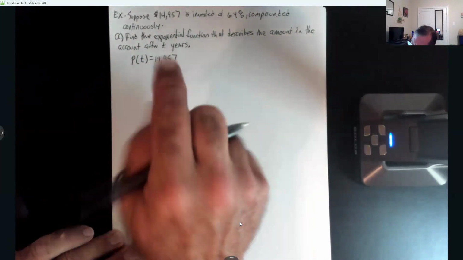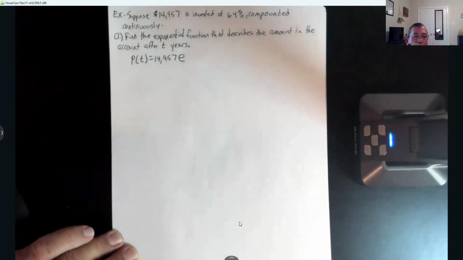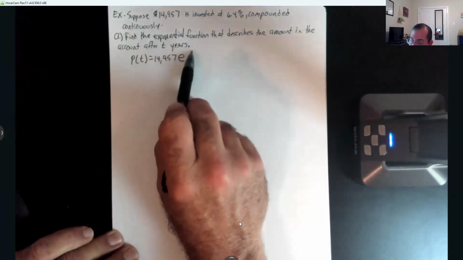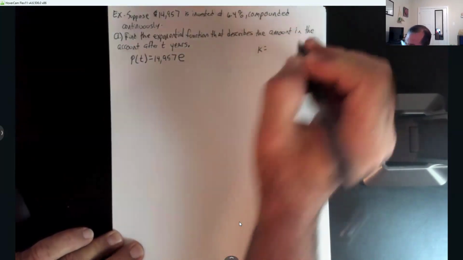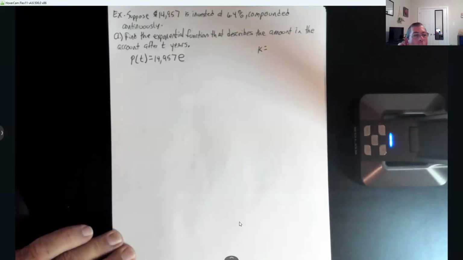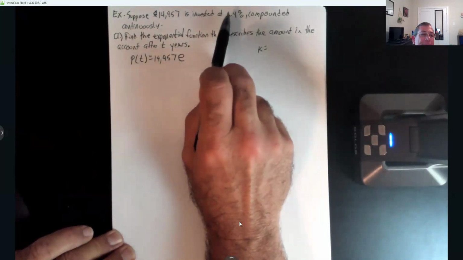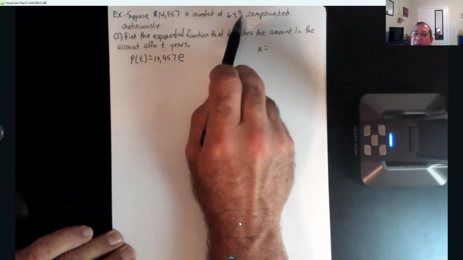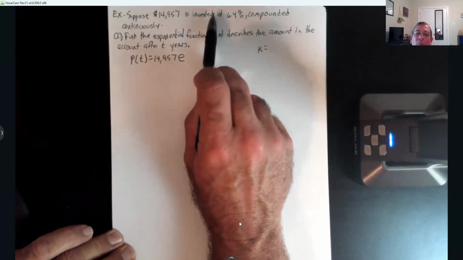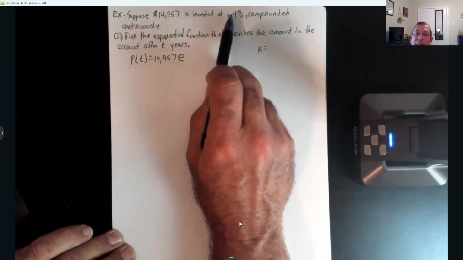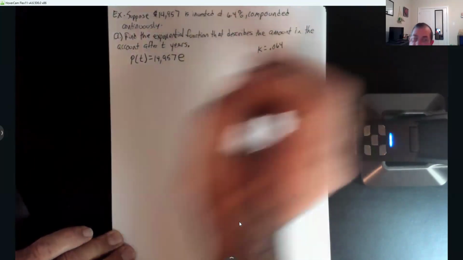Now, the difference is instead of starting parentheses, we now have our e. And then we need kt. So what I need to know is, what is my k? What is my interest rate? They gave that to us. They said it was 6.4%. So if we move that decimal left twice, we're going to get 0.064.